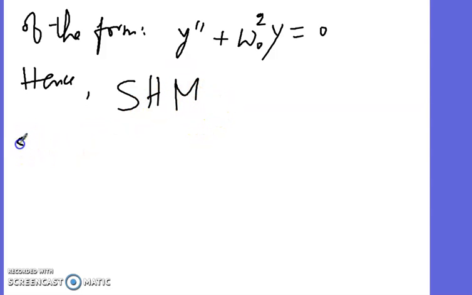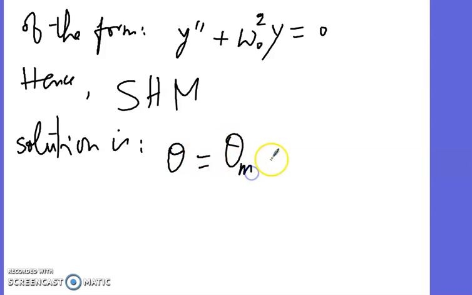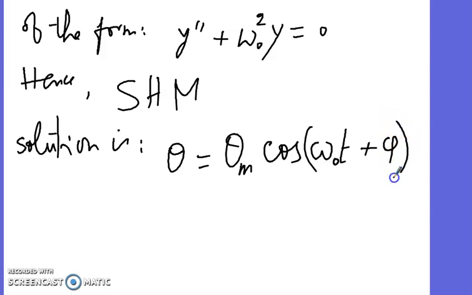Since the solution is of the form theta equals theta m, as I did in the first video, theta m cosine or sine, it doesn't matter, of omega 0 t plus phi. So notice here the angle theta is a sinusoidal function.